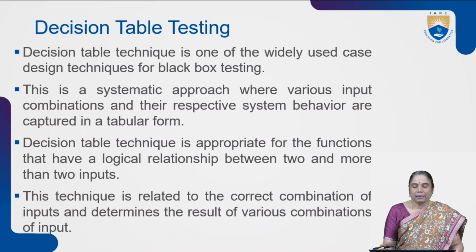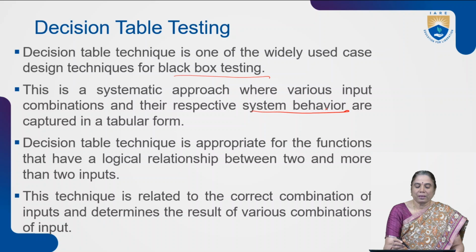Another testing technique in black box testing is decision table testing. Decision table testing is widely used to design test cases under the black box testing methodology. This is a systematic approach where various input combinations and their respective system behaviors are captured in a tabular form.